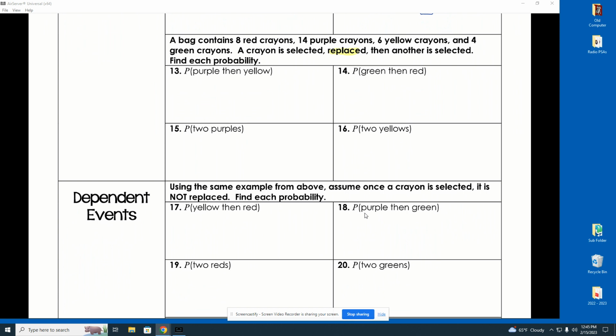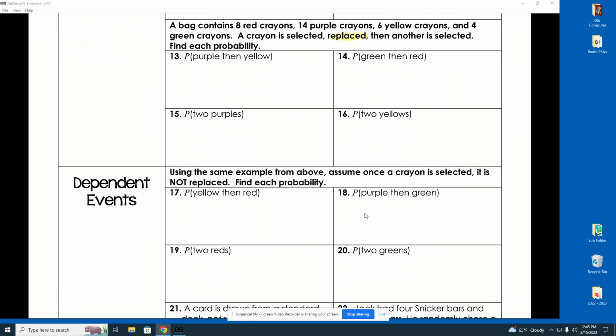It's replaced. So I put my hand down this bag, I pull out a crayon, then I put it back in there. When I go back into this bag, did that first pull affect my second one? Nope, because it was replaced. That makes it independent.